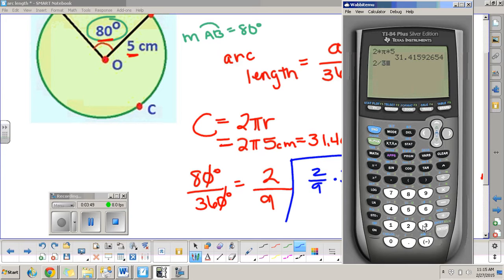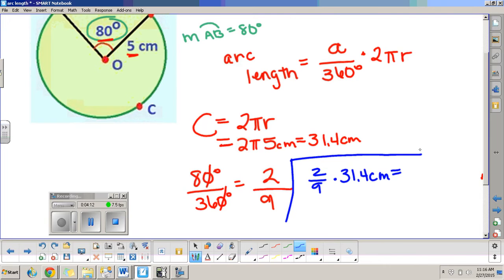Oh, I'm sorry, 2 divided by 9, not 3. We get .7 with the 7 repeating, and the 7 rounds up. So we're looking at 7 centimeters. So that is your arc length, centimeters versus degrees.